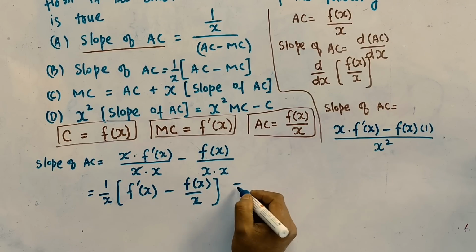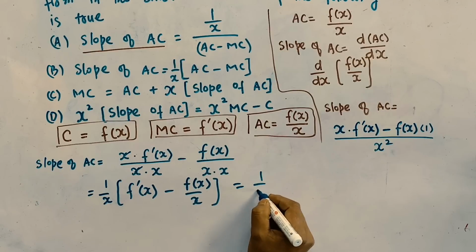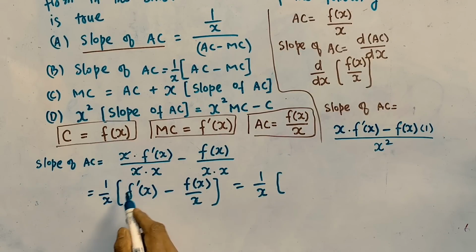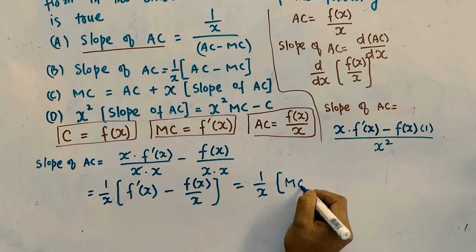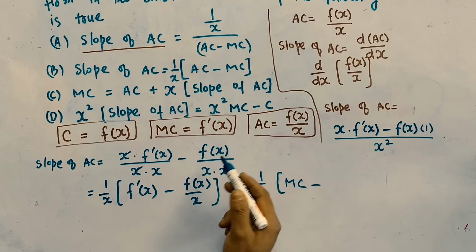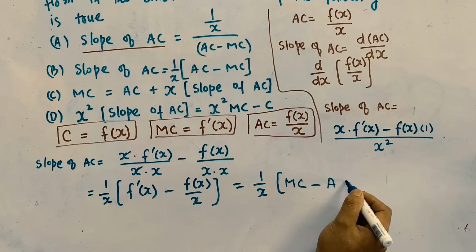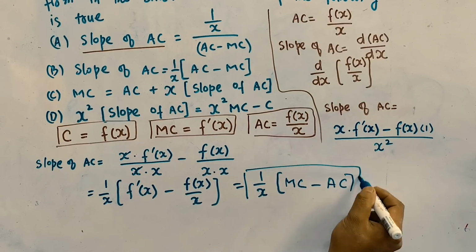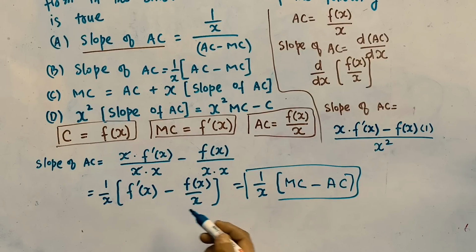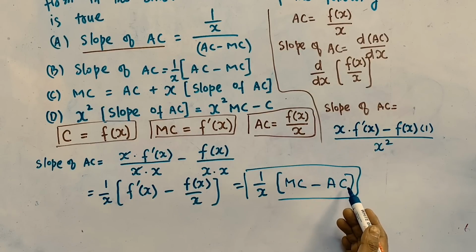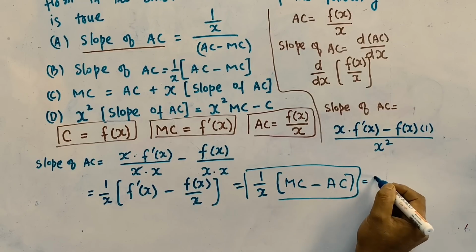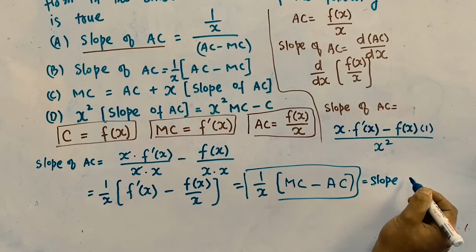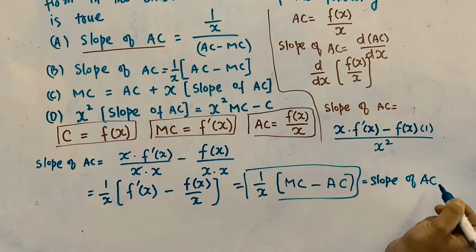Now what is f prime x? F prime x is our marginal cost, and f of x upon x denotes the average cost. So this should be the relationship between marginal cost and average cost: the slope of average cost is 1 upon x times marginal cost minus average cost.